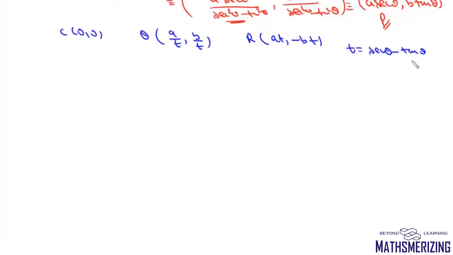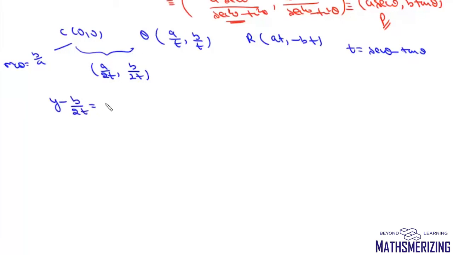Now we know that the circumcenter lies on the perpendicular bisector of two sides. So we'll find the midpoint of CQ. The midpoint of CQ will be a upon 2t, b upon 2t. The slope of CQ will be b upon a. So we can write the equation of the perpendicular bisector of CQ as y minus b upon 2t equals minus a upon b times x minus a upon 2t.